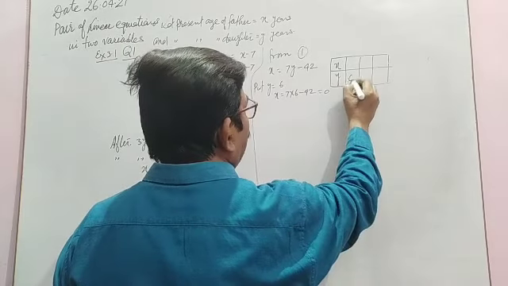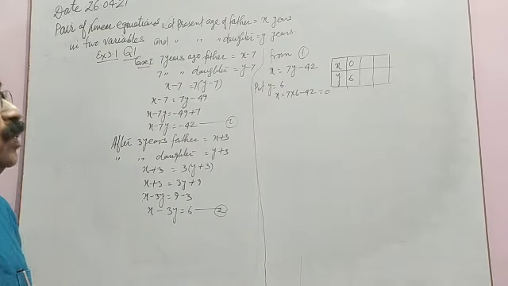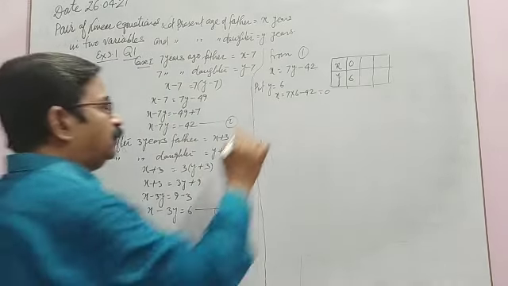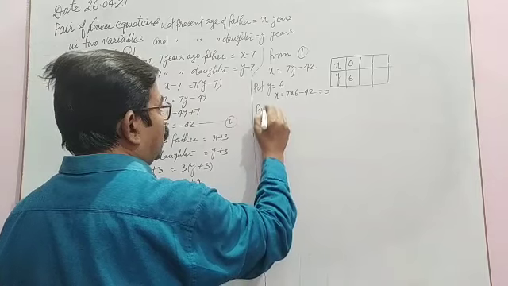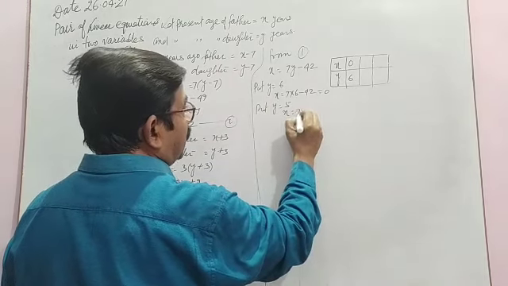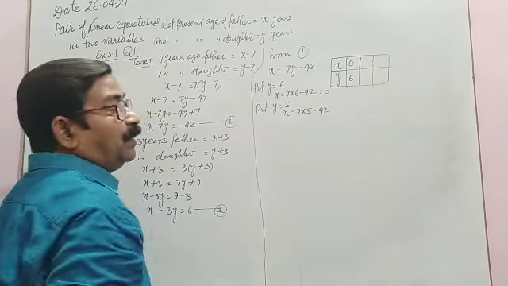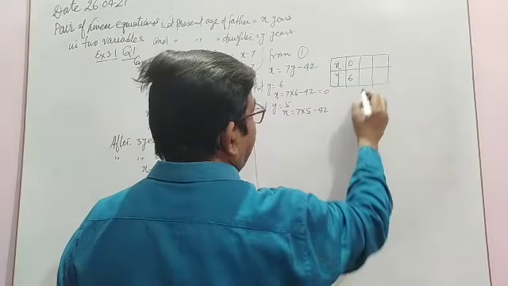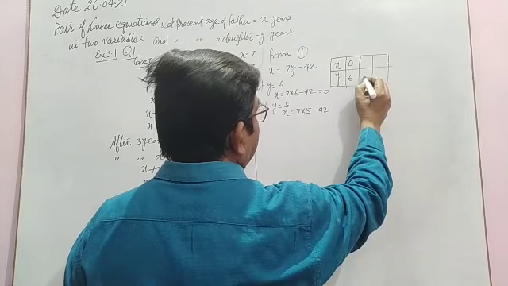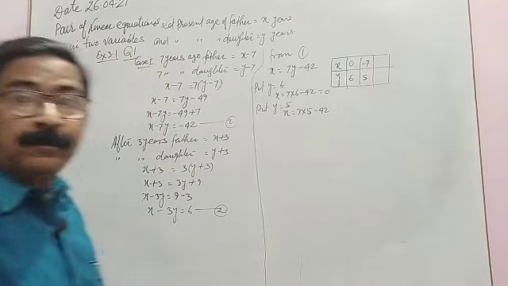So y is equal to 6, then x is equal to 0. Put y is equal to 5. Then x is equal to 7 into 5 minus 42. 7 5 35 minus 42 is minus 7. So y is equal to 5, then x is equal to minus 7.